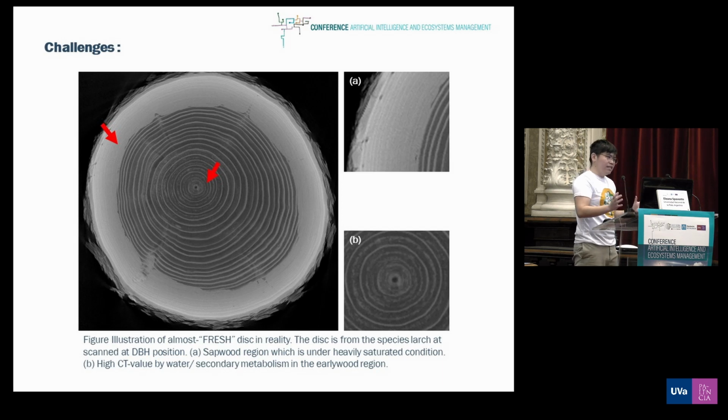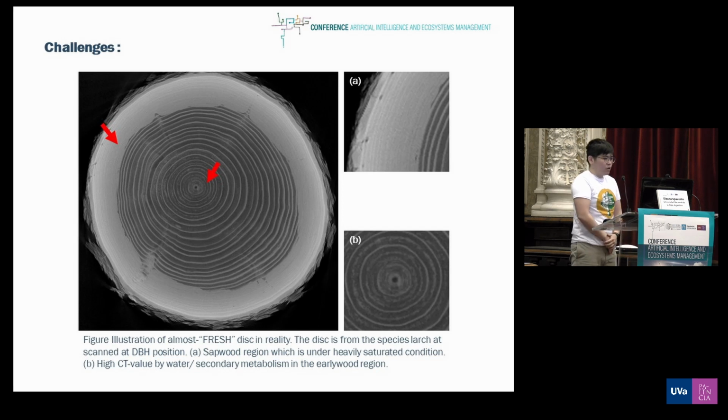Sapwood is mostly responsible for water conduction and water storage, a really major part. So what happens when water comes into this section? Water has a density of 1, everyone knows, and wood has a lower density. But when water goes in, it increases the bulk density. The bulk density means the density of wood material plus water. Okay, so that is understandable.